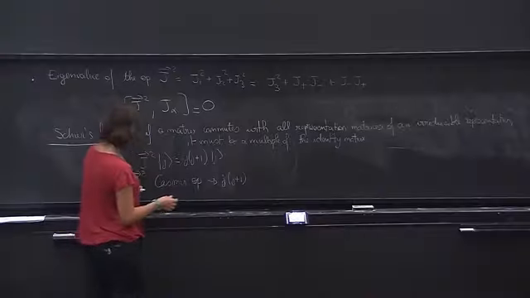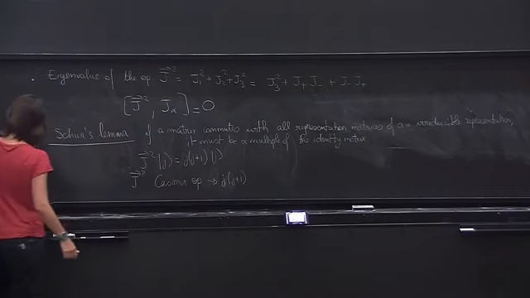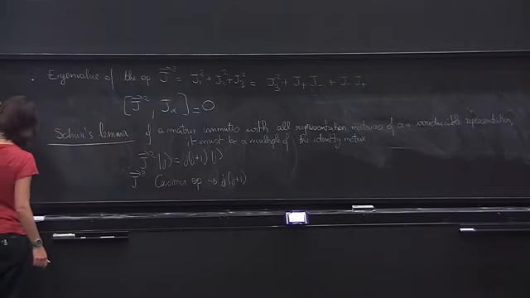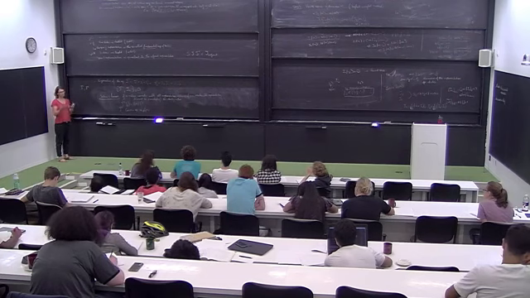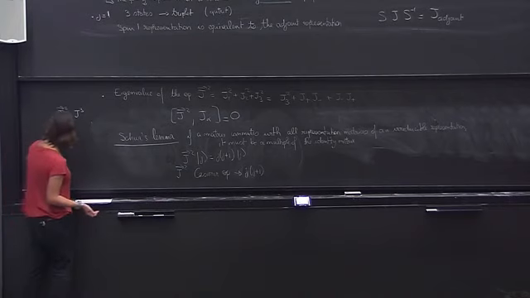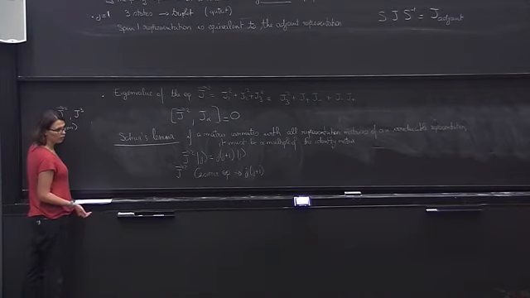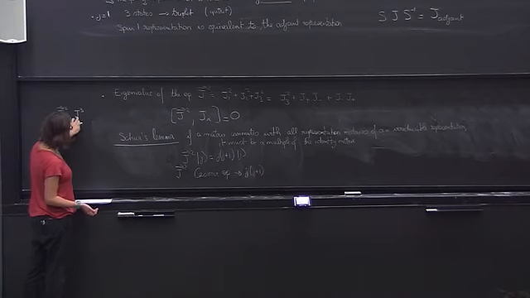And since these are commuting, this means that you can diagonalize them simultaneously, okay? So this means that indeed you can work in this kind of basis, where j is the eigenvalue of j squared, and m is the eigenvalue of j3.